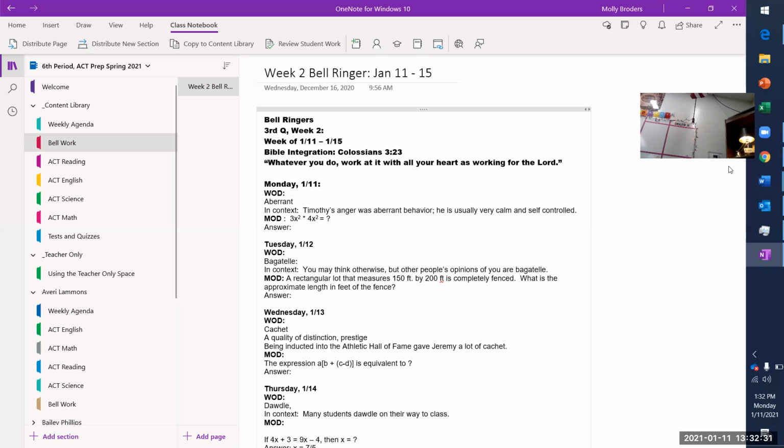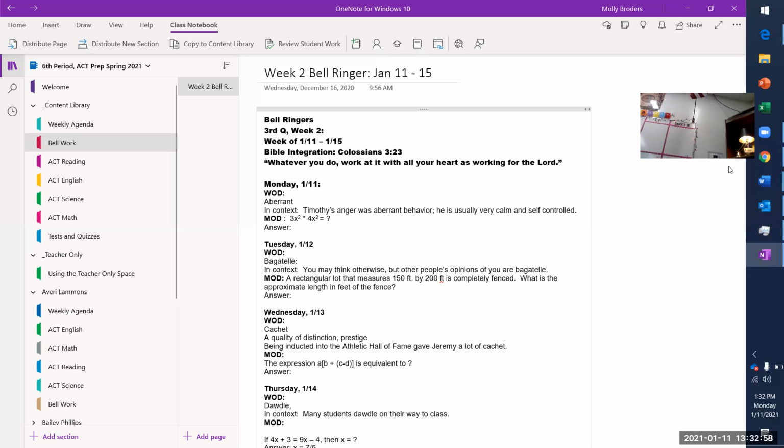One is bell work. One is for each section of the ACT: reading, English, science, and math. I'm giving you stuff constantly, so file it in each of those sections, and then you have a resource when you're done. Right before you take the ACT, you can whip it out and choose what you want to go over. Okay, so I need to throw that red marker away.